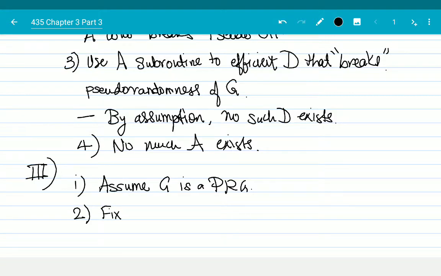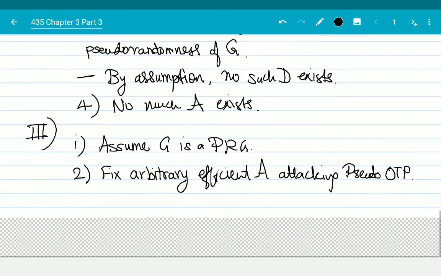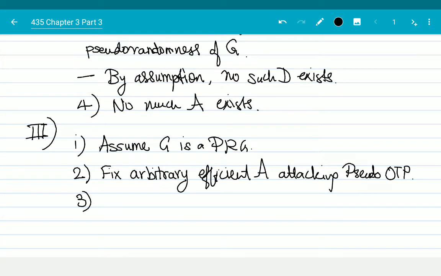Then we again use this to build a D which attacks G, using A as a subroutine.